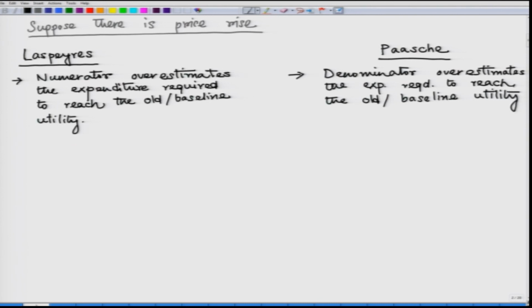So, this is quite evident if you go back to the previous graphs that we had, where we compared the Hicks substitution effect and the Slutsky substitution effect together in one diagram in the case of price rise.